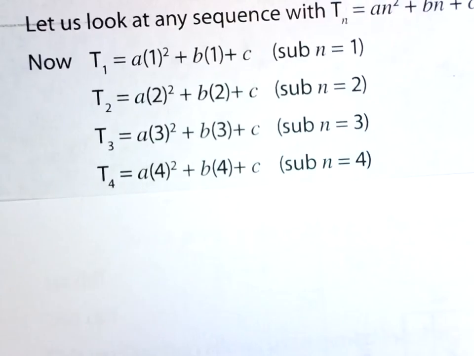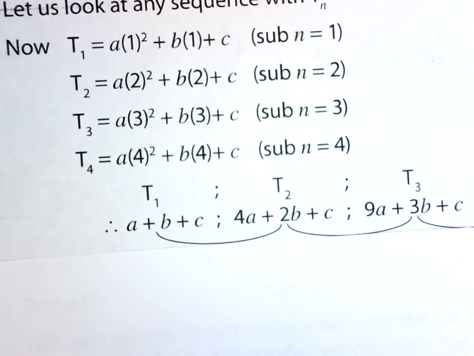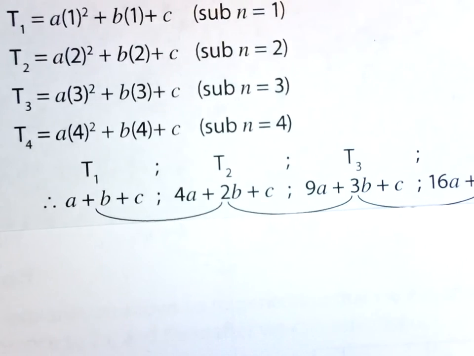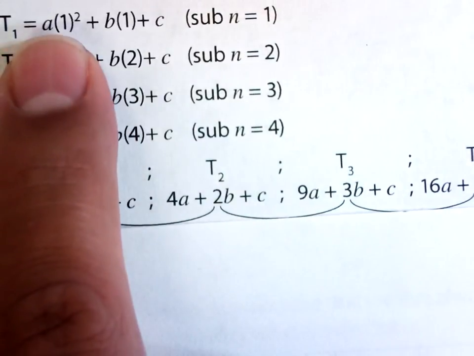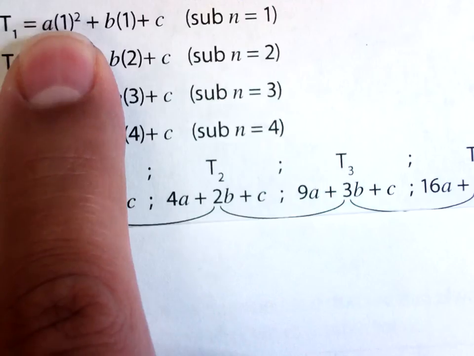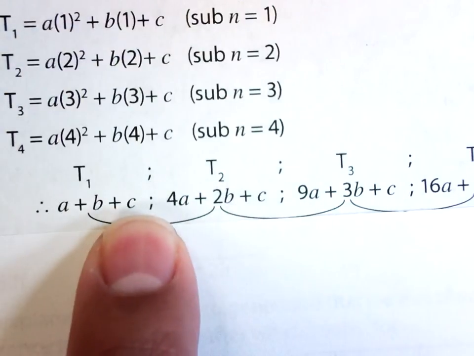So now let's find our differences. So first they just list them. They just simplified it for us, which is why I use this instead of making my own. So they just took the t1, and now they just simplified it. So a1 squared plus b1 plus c, well, that's just a plus b plus c. So my t1 is just a plus b plus c.